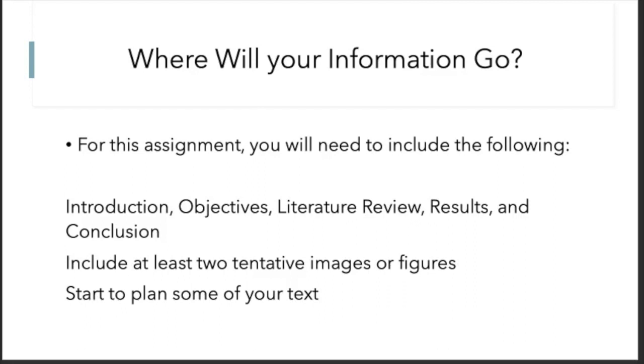I would also like to see at least 2 tentative images or figures. Remember with your figures and images to go back and cite in APA. Make sure that you are doing this in the right format. And then start to plan some of your text.